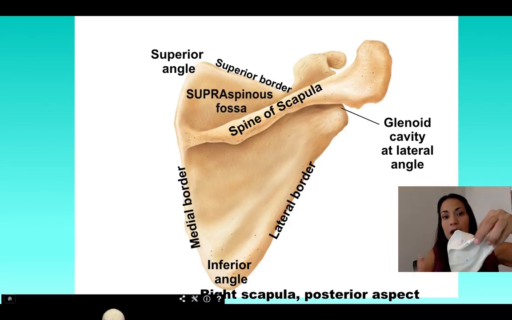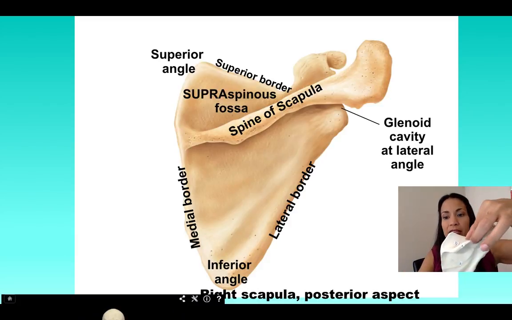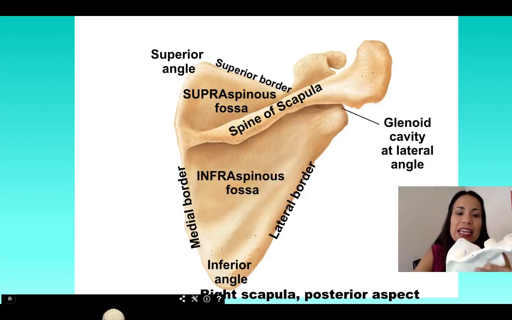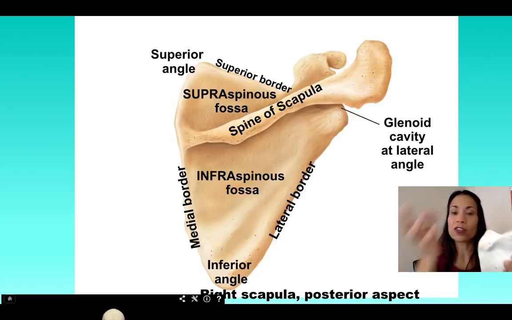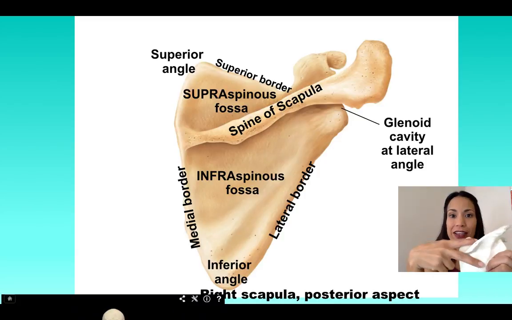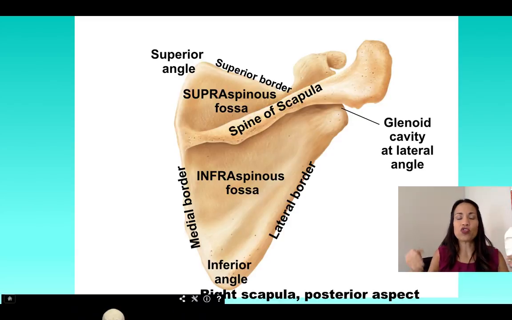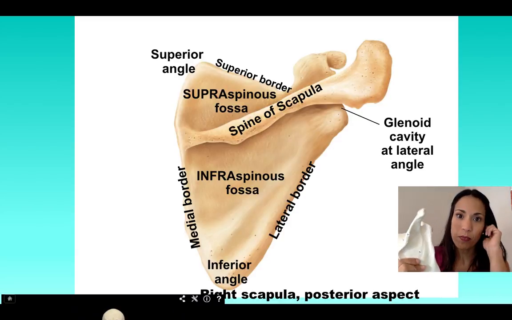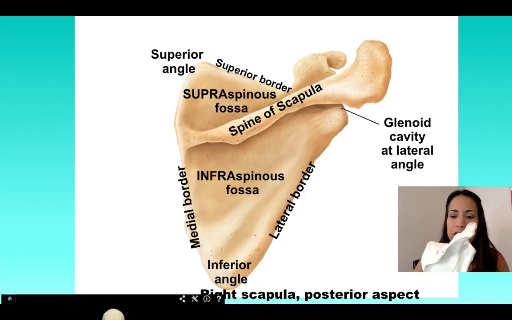Supra, above, supraspinous fossa, and the other one is the infraspinous fossa. Again, the supraspinatus and infraspinatus muscles, part of the rotator cuff, originate here. So I'm just trying to make the link already with skeletal muscle so you can see the importance of knowing all of these landmarks.